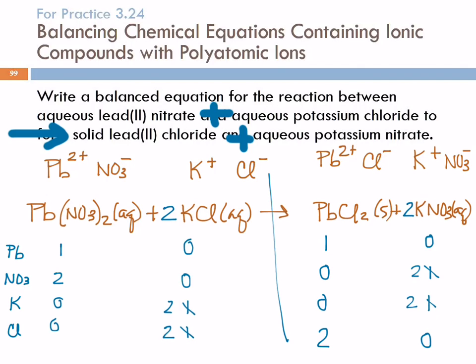So that doubles all of those numbers. So that fixes potassium, 2 and 2. And then I look at chlorine, 2 and 2. And it's balanced. Not the only way to balance the equation, but this is the only correct answer for the balanced chemical equation. Any questions?